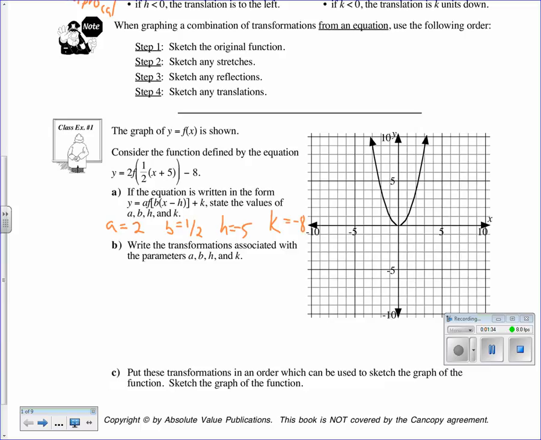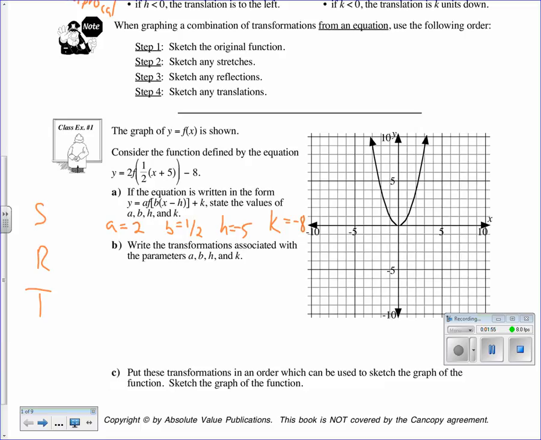So now how do those work in terms of the transformations? Remember, we are doing SRT: stretches, reflections, and then translations.